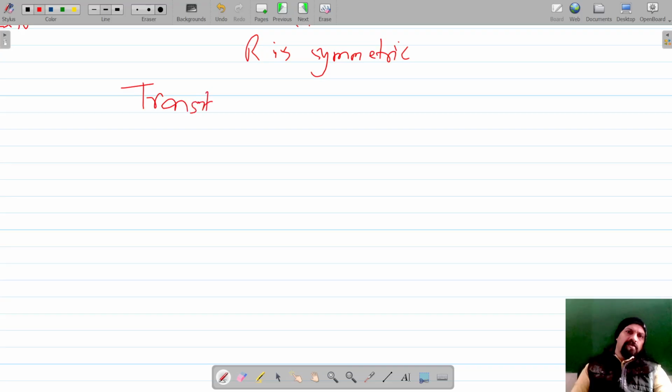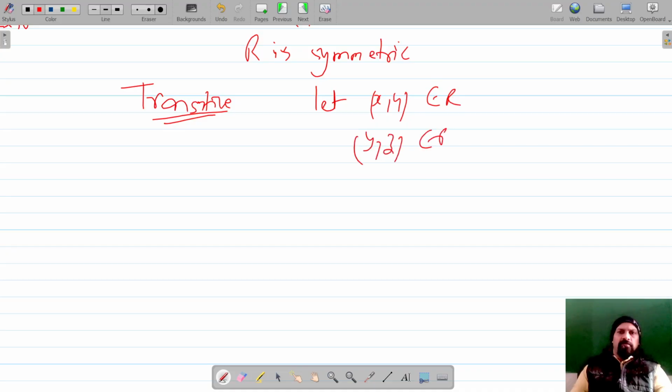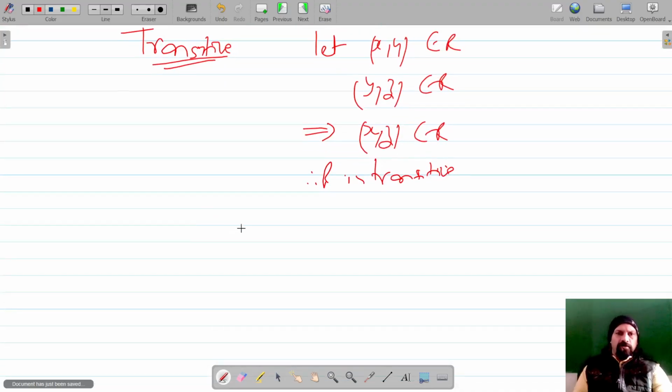Now let's check it for transitive. How do we check that a relation is transitive? We will consider that if (x, y) belongs to R and (y, z) also belongs to R, and if we are able to show that (x, z) belongs to R, then we say that R is transitive. So let's consider one ordered pair from this.